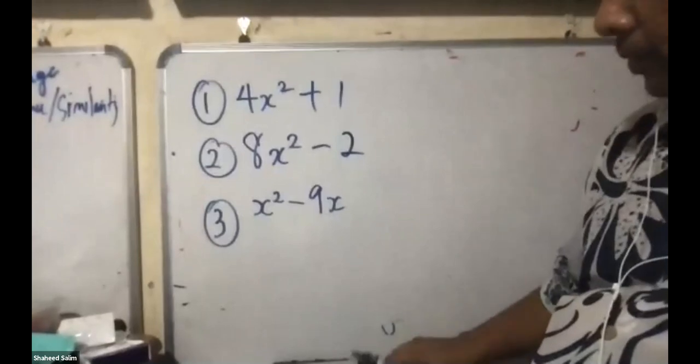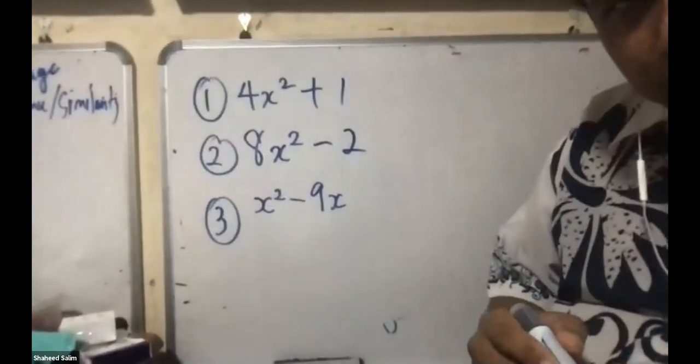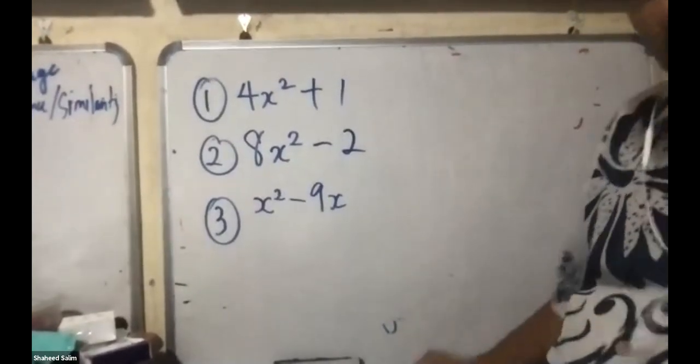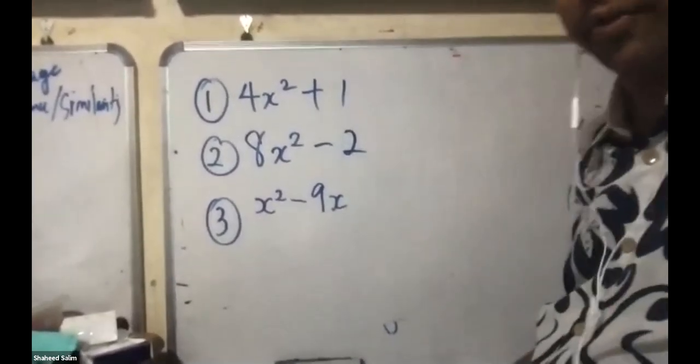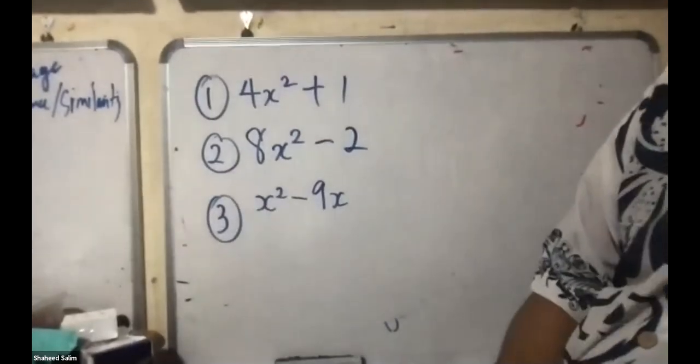Three. Out of the three, only one cannot be factorized. The other two can be factorized, but they may not be the same style.